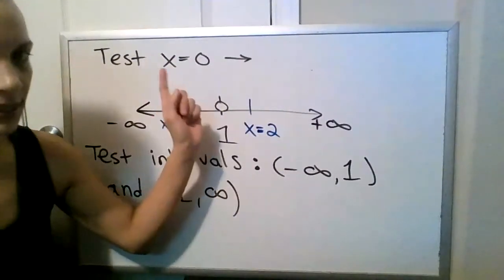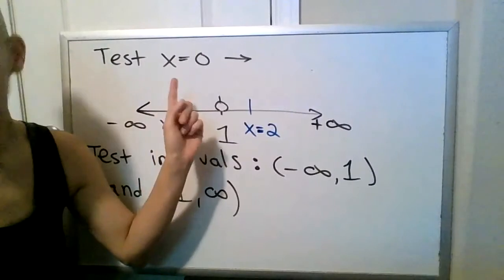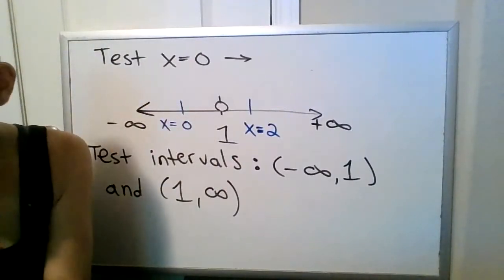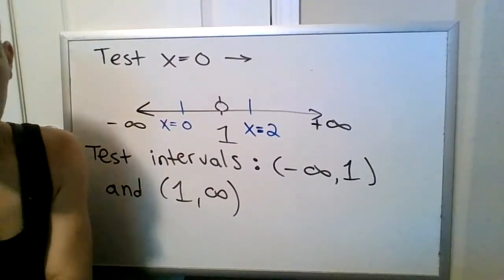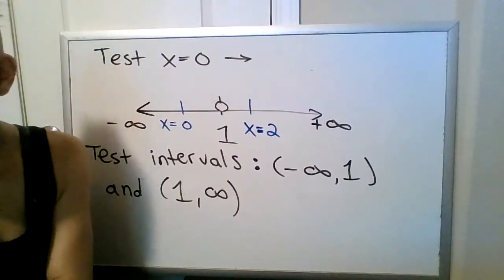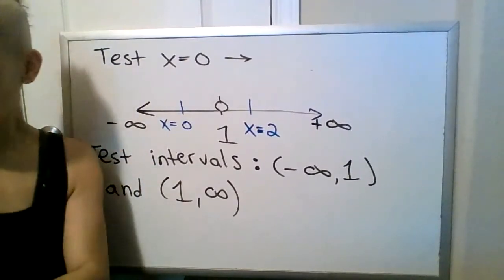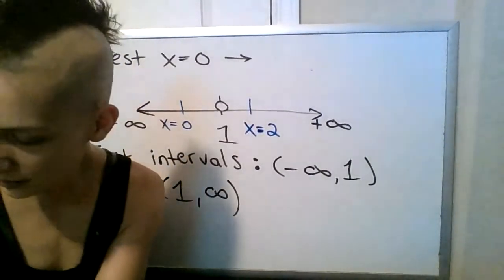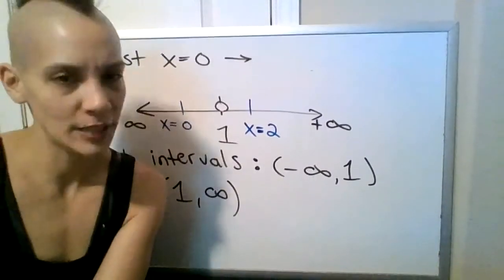Putting 0 into the inequality in your set. So with 0, I think that I changed the example to be x less than 1. And correct me if I'm wrong.